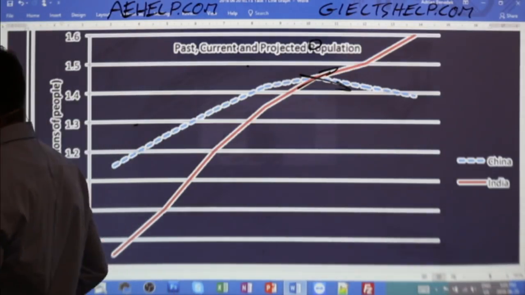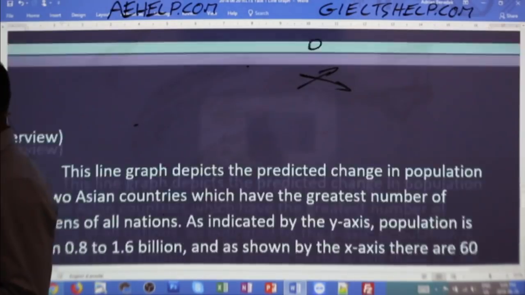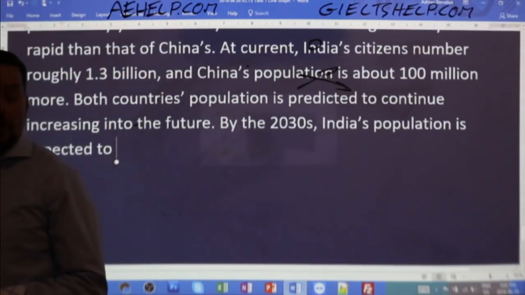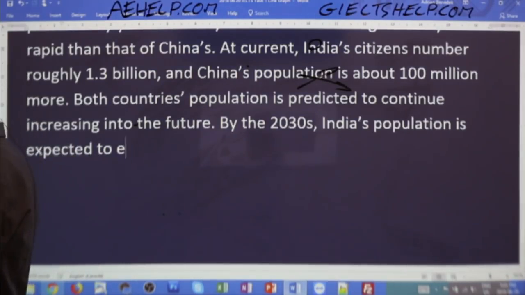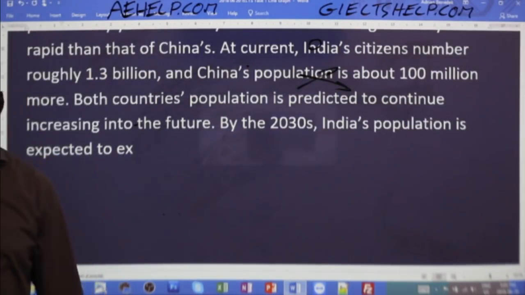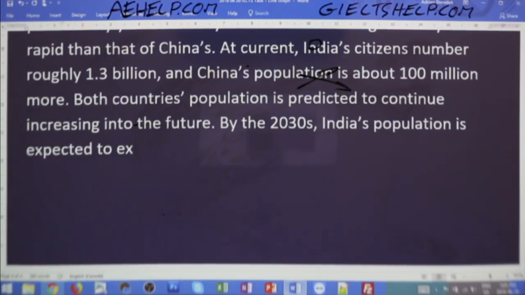Okay, let me help you out a little bit. There's basically two words that would work in the sentence. So by the 2030s, India's population is expected to, one word starts with EX. What's the word I'm thinking about? The other word, there's three more letters there. Yeah, that's right, Jeffrey.